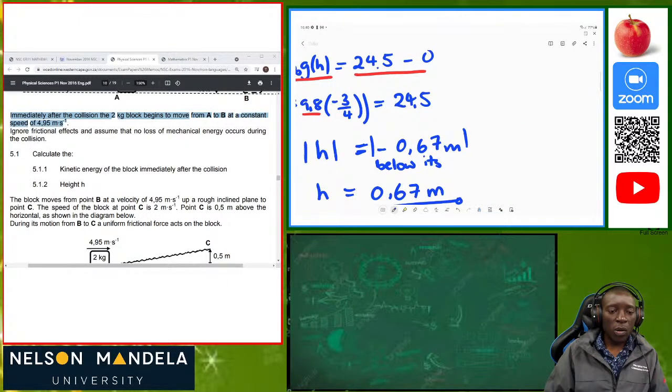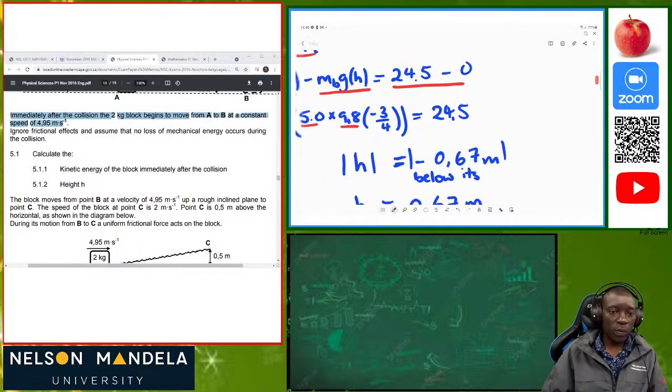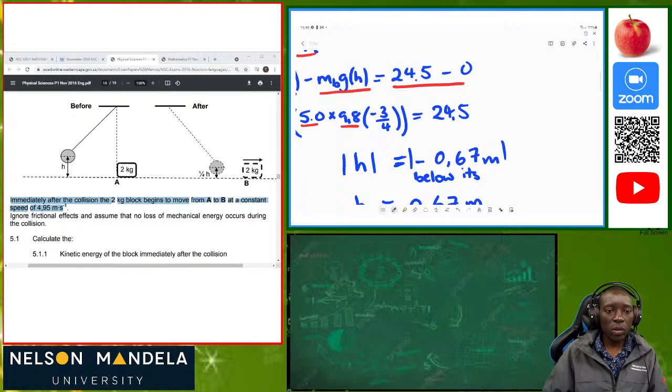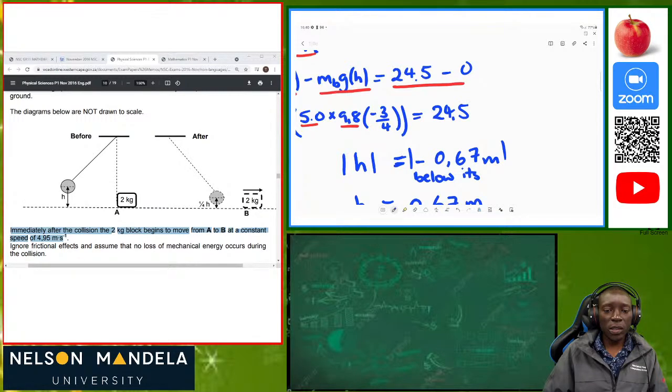Now the block moves from point B at a velocity of 4.95 meters per second. Let me just show the diagram once more. After it gets to point B, there's no friction, so it continues at constant velocity.